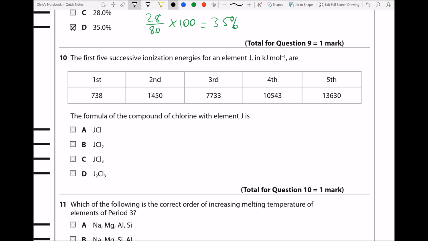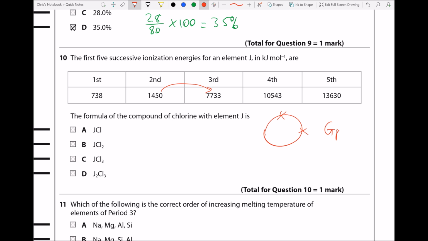So if we look at this one, you can see that we've got quite a small jump between the first and second. But look at the jump there. That's a big jump from the second to third. Now what that's telling us is that we've removed 2 electrons from this atom, and to remove the third one we're having to go into a shell much closer to the nucleus. So this tells us that this atom must have 2 electrons in its outer shell.